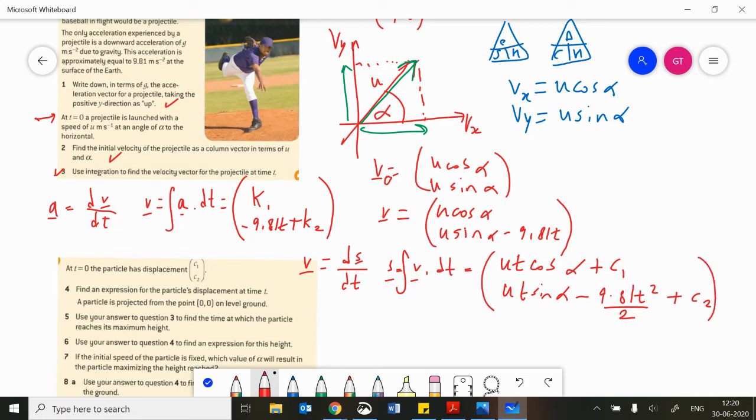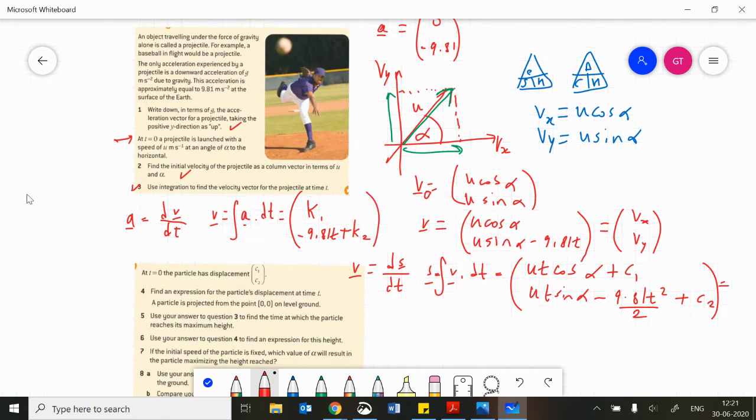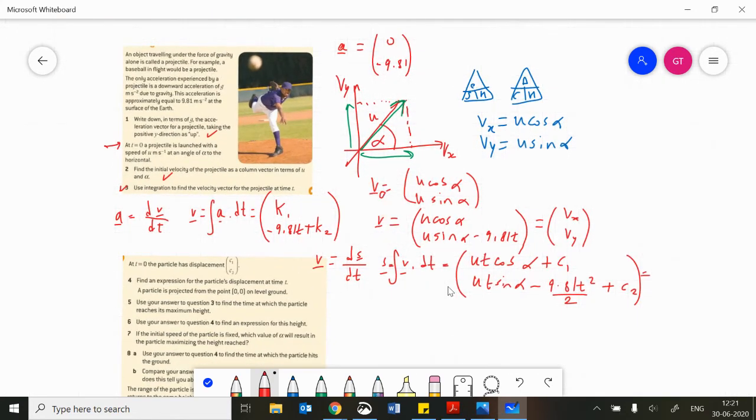We can name these vectors. This one was our velocity in the x direction, and this one is velocity in the y direction. This one we could call x and y, because our displacement is actually just our x and y.